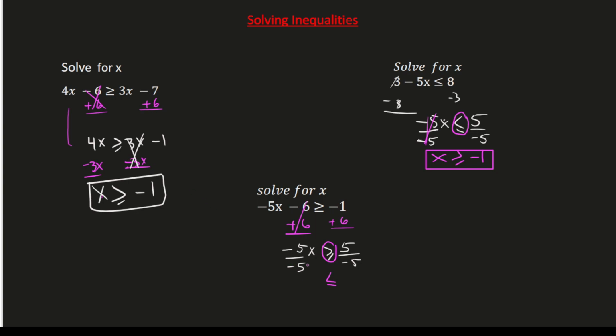Okay? And negative 5 over negative 5 is 1. So we get x here is less than or equal to minus 1.